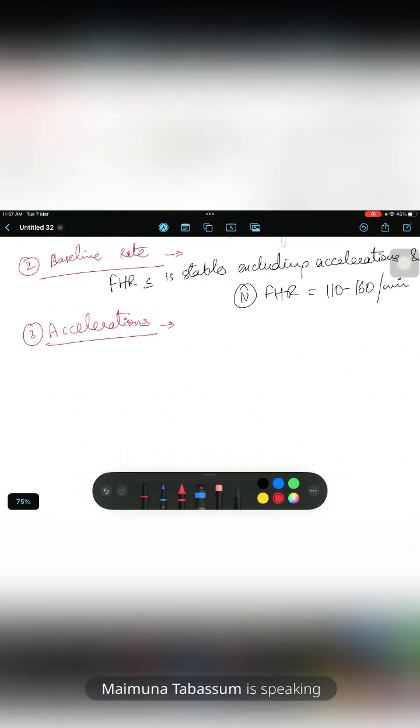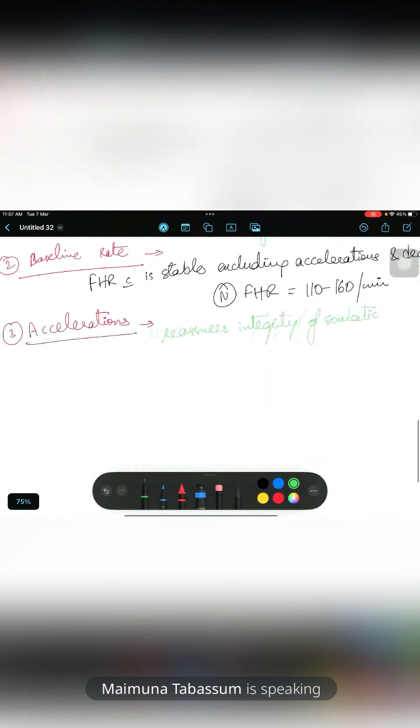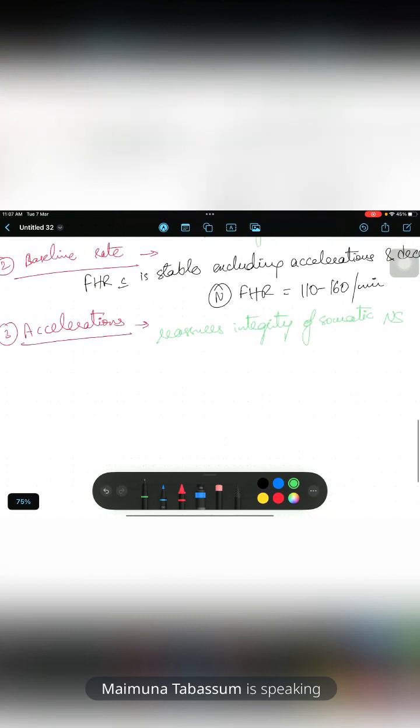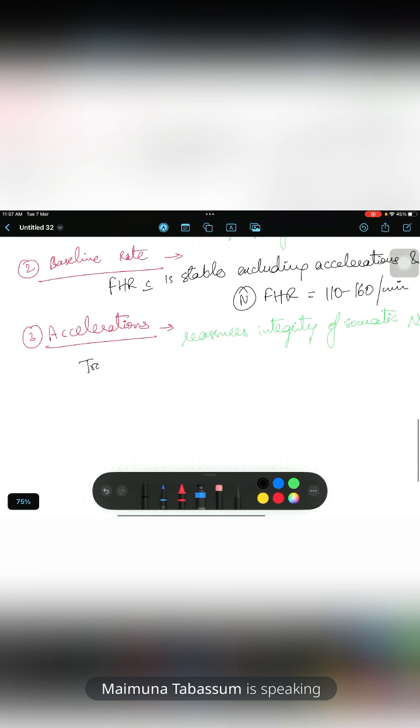Accelerations reassure the integrity of the somatic nervous system. So what is an acceleration? It is a transient increase in the fetal heart rate of more than or equal to 15 beats per minute for at least 15 seconds.